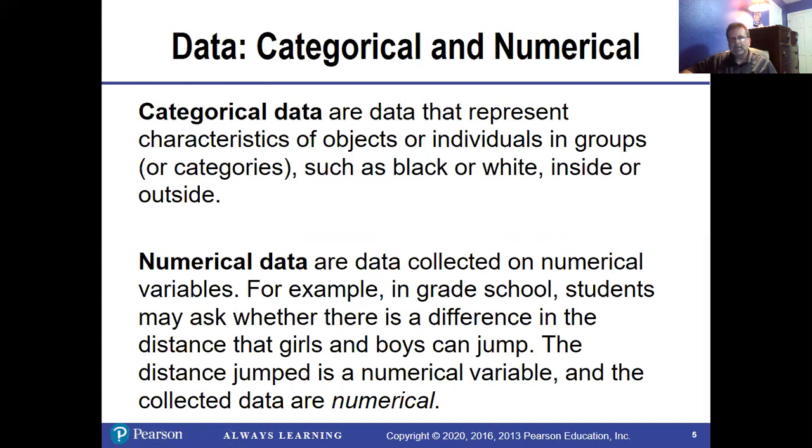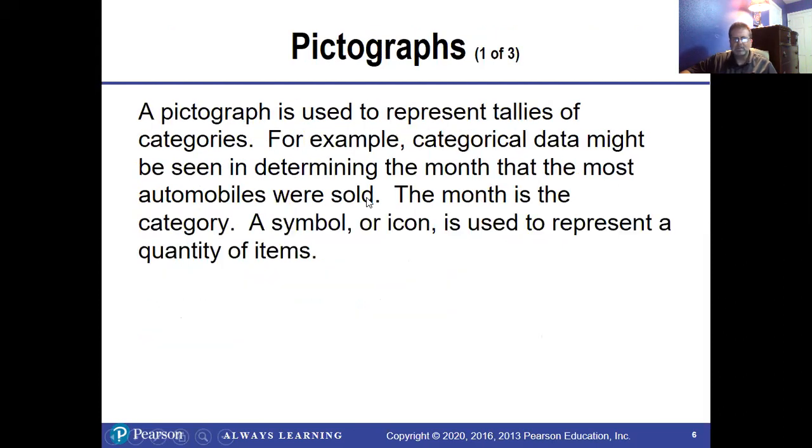I'm a numerical kind of data person. I can tell that by watching the Olympics. I like the data that comes from actual numbered information, like a long jump, where you get actual distance. Categorical data would be something more like in gymnastics, possibly, where they're taking information and giving some sort of rating. All right, so let's talk about some of these kinds of data displays.